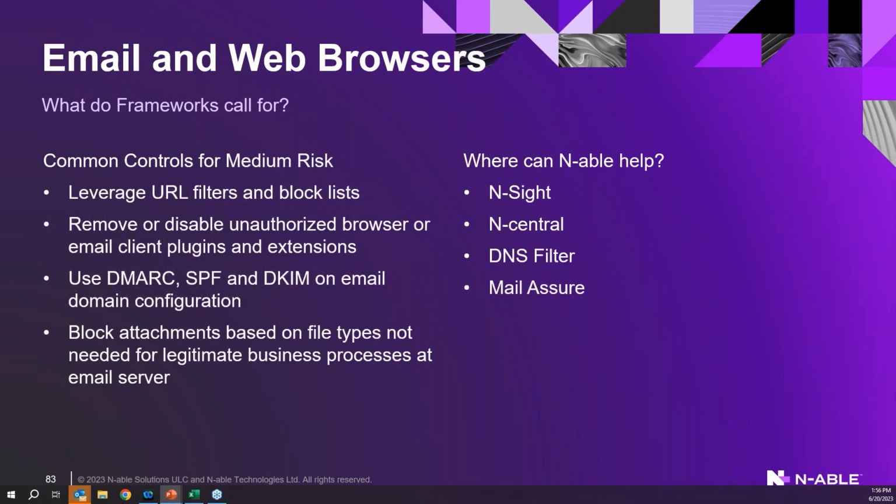Then at the medium risk, they're starting to ask for having URL filters and block lists in place, removing or disabling unauthorized browser extensions, using DMARC, SPF, and DKIM on your MX domain registrar information, blocking attachments based on file types not needed for legitimate business purposes.